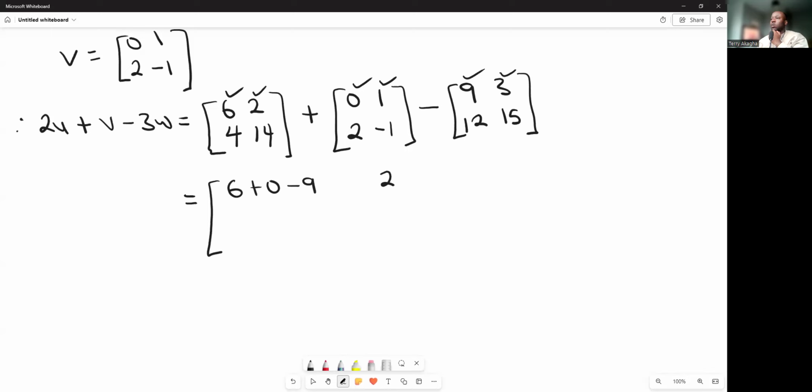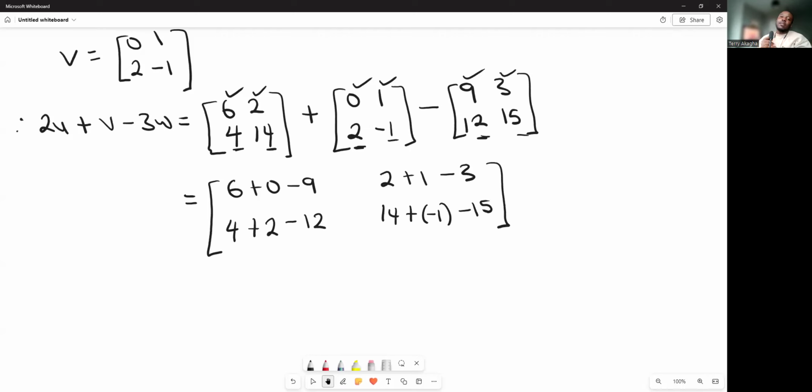The next one, we have 4 plus 2 minus 12. Then the last one, we have 14 plus minus 1 minus 15.